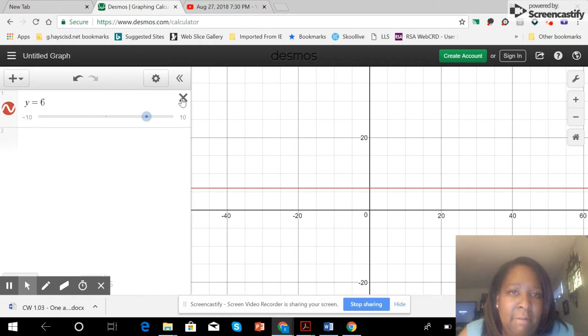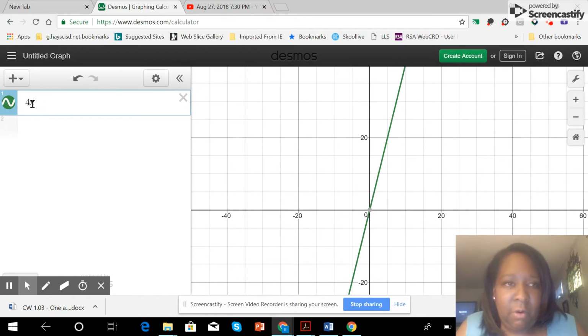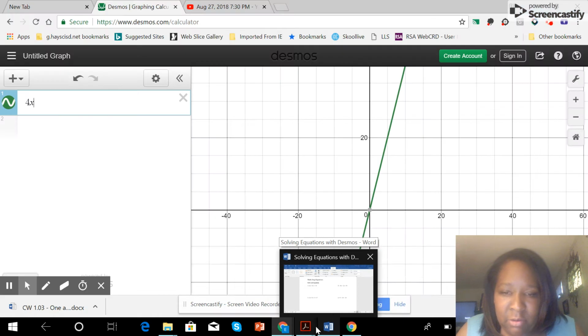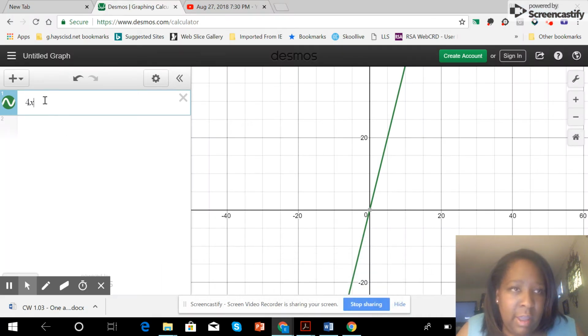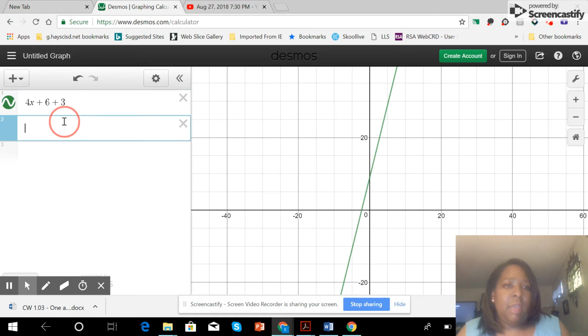Delete what I have and put in 4x. I forgot it already because I'm old and I'm like that. 4x plus 6 plus 3. And it graphed my line. And then in number 2, I'm going to put what it equaled.